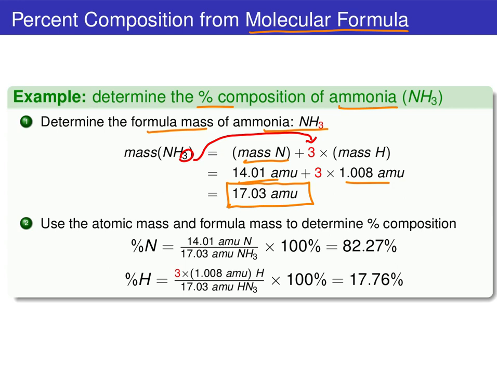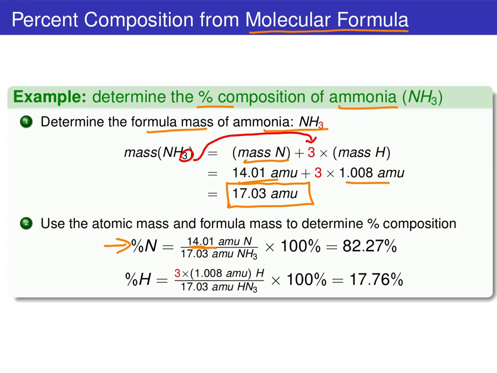Okay, now our second step is to plug into the formula from our previous definition for percent composition, and actually determine the percent composition for each one of these atom types. So for the percent nitrogen, we are going to take the mass of nitrogen in the molecule, and remember there's only one nitrogen, so the mass of nitrogen is just this 14.01.